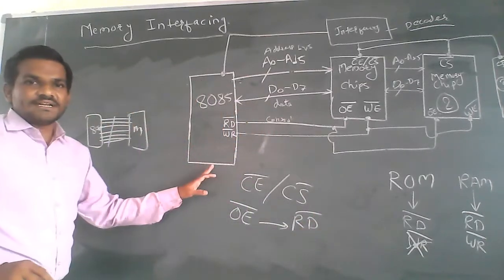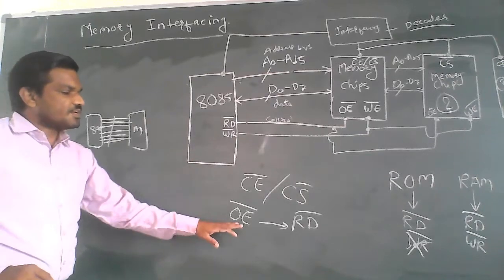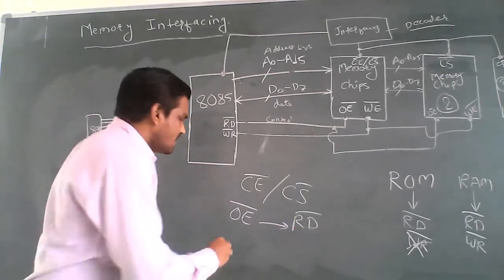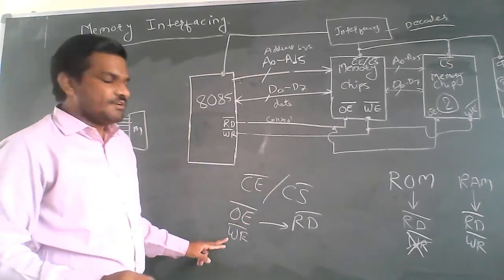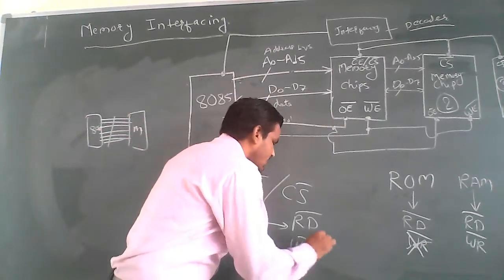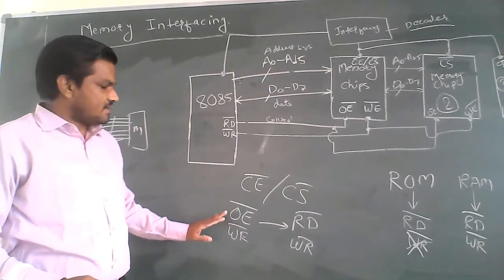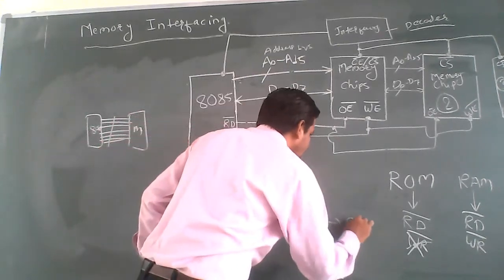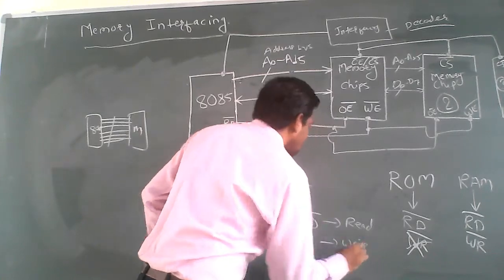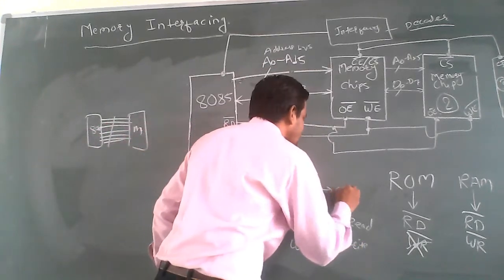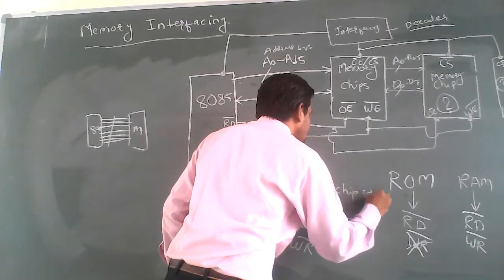CE bar is connected with your CS bar. Output enable bar is connected with the RD bar, and WE bar is connected with your WR bar. So this is your reading operation, this is your writing operation, and this is for the chip select operation.